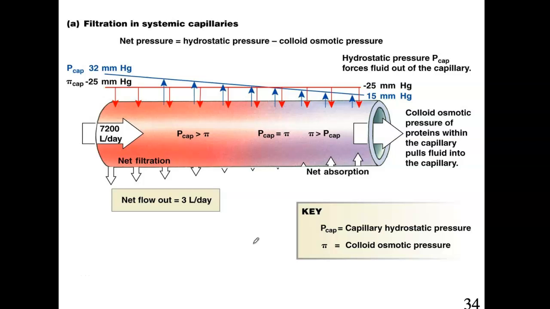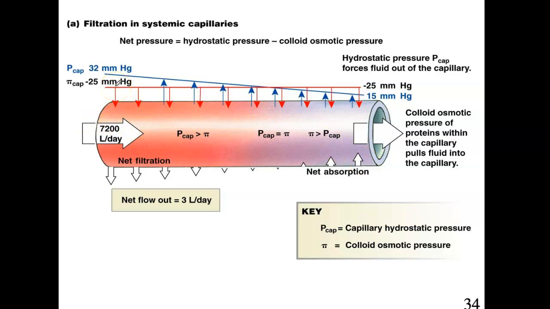So take a look at this diagram that illustrates this very well. You have a capillary here, and you have a red line that's showing how the osmotic pressure changes from the arterial end to the venous end. So how does it change?